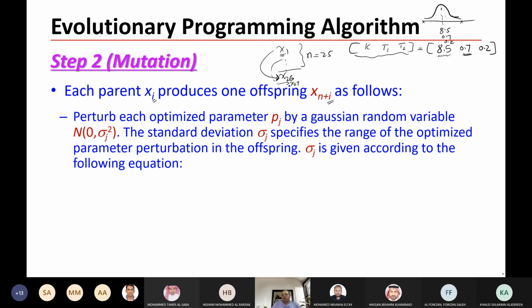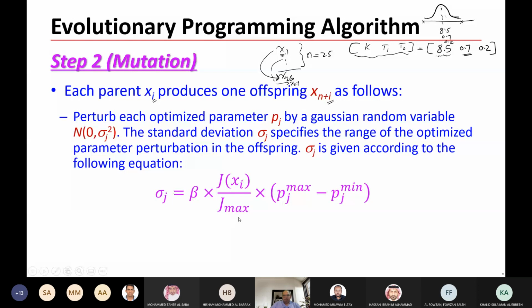So for each optimized parameter, you calculate the standard deviation. And this is the standard deviation for parameter 1 equal to beta. This is a constant, we'll talk about it now. This is the objective function of x1, which is known definitely.